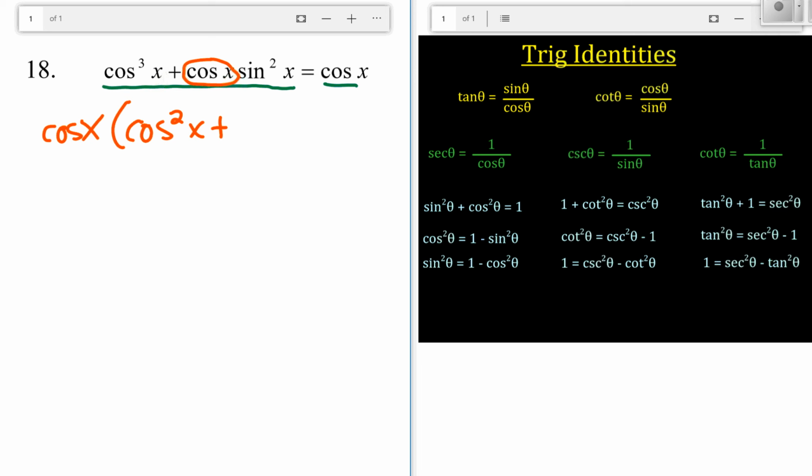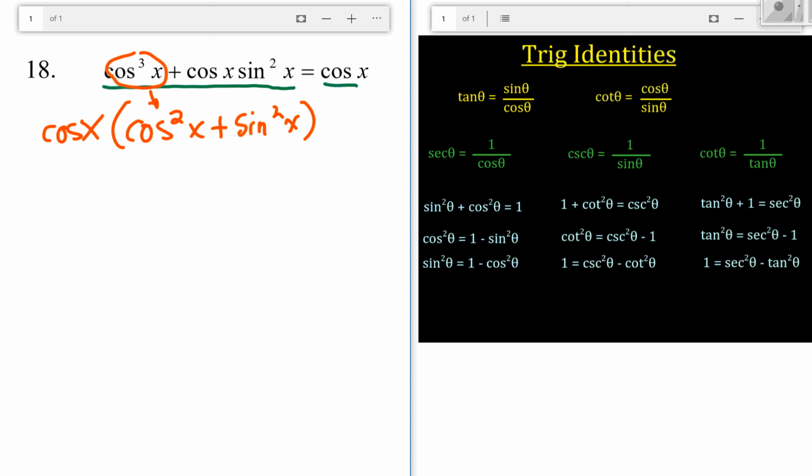I'm basically undistributing the cosine x. So this cosine cubed x turns into cosine squared x because I took a cosine out, and when I factor out a cosine x from the second term, all that's left is sine squared x.